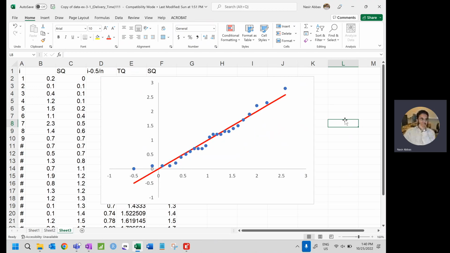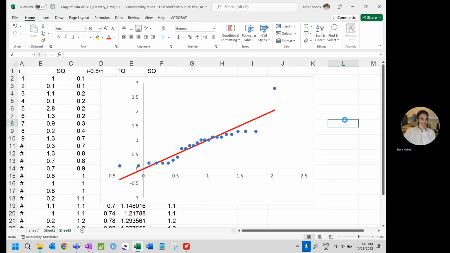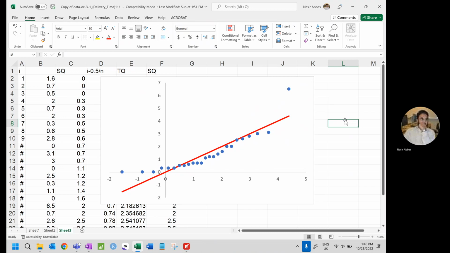This indicates that the data are not from the normal distribution. So if you see the points are deviating systematically from the red line, you conclude that the data are far from normal distribution, and in that case, whatever inference you are doing will no longer be valid.